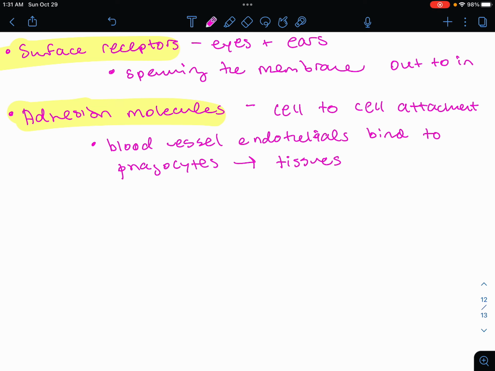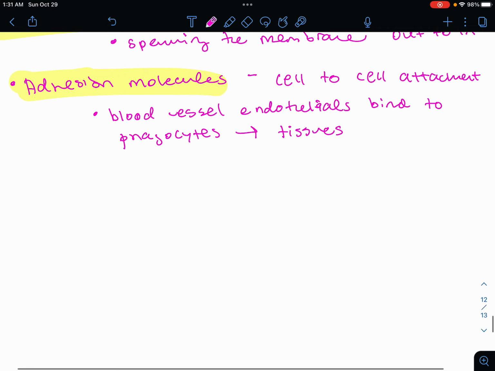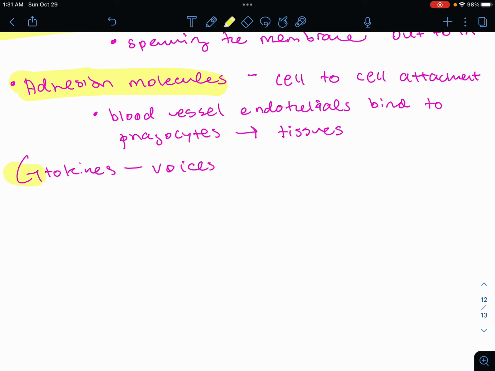Alright, let's talk about some of the cytokines now. These are the voices of the cell. They are going to be made by cells to diffuse, but they bind to receptors, and they have a ton of changes that they could create.